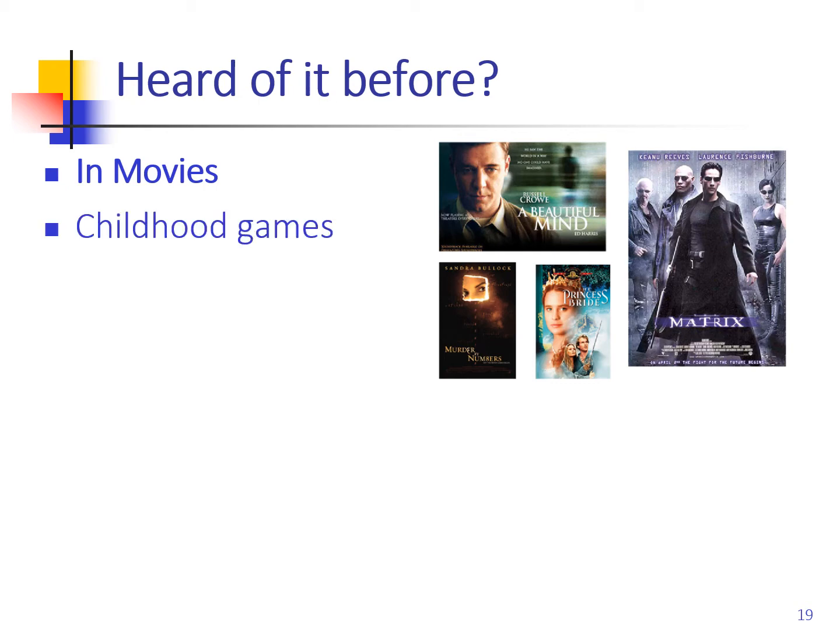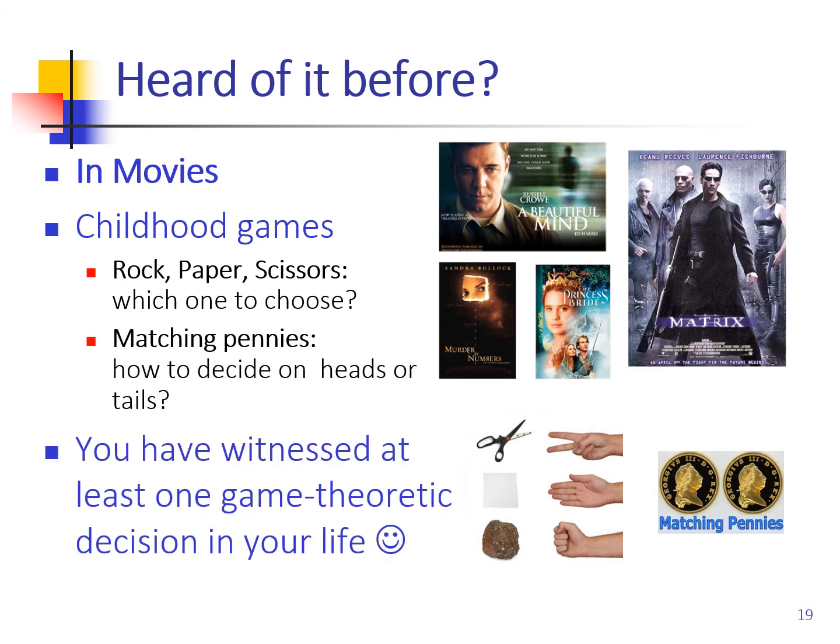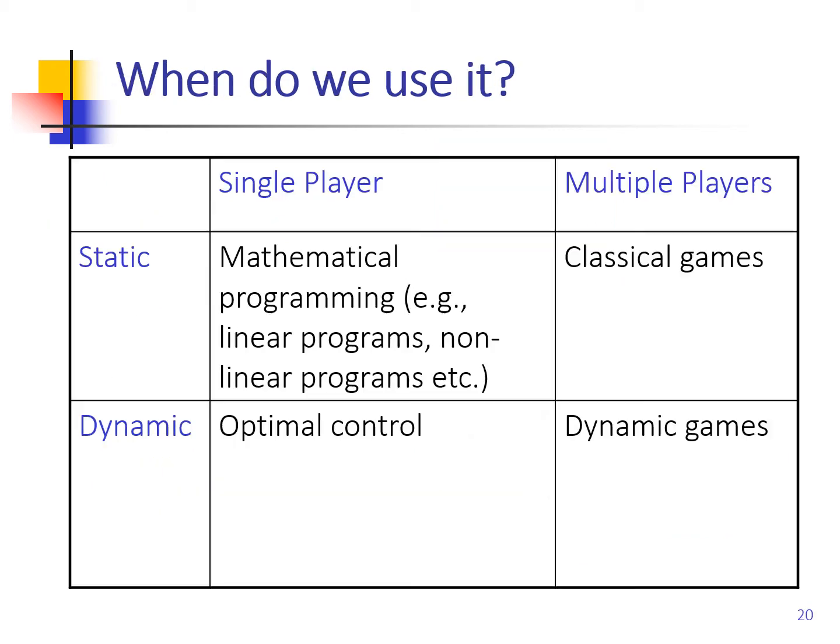But me personally, I think Beautiful Mind is the best movie that talks about game theory. You have also used it for sure in your childhood games, so rock, paper, scissors, matching pennies, right? Essentially, you have either witnessed or used it in your everyday life. Well, because essentially it comes down to taking decisions where you are actually not isolated in the world, but interacting with other agents or human beings around.